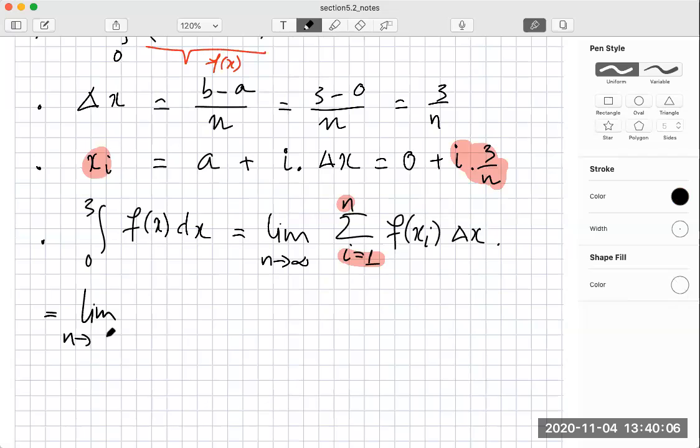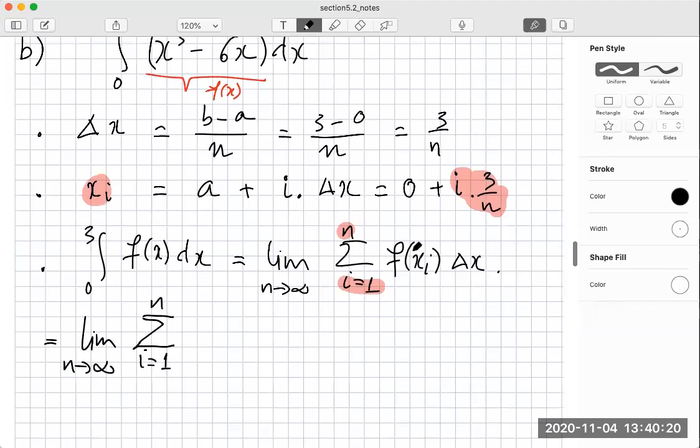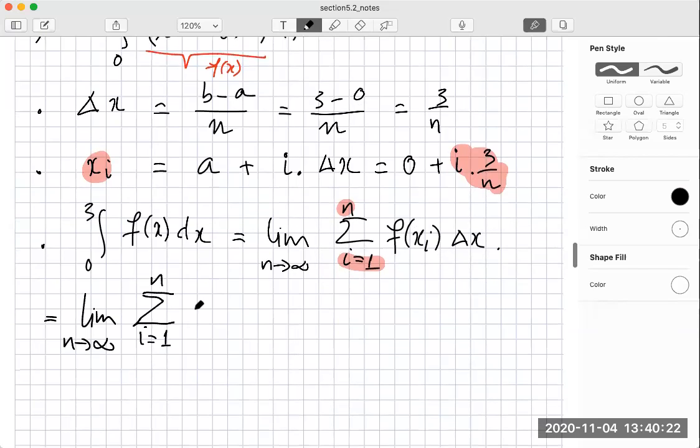Limit as n approaches infinity, right? The sigma sign, we just rewrite it here, when i is equal to 1 to n. And here in this case, what is f of xi? First, we'll replace xi by the explicit formula here, right?